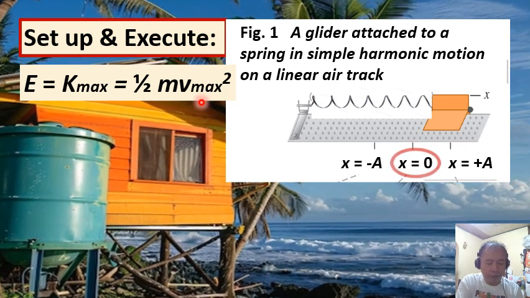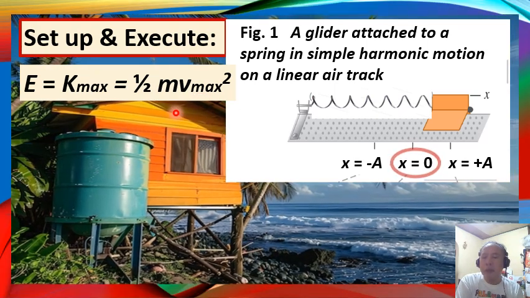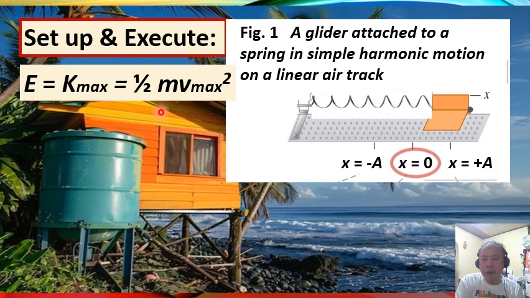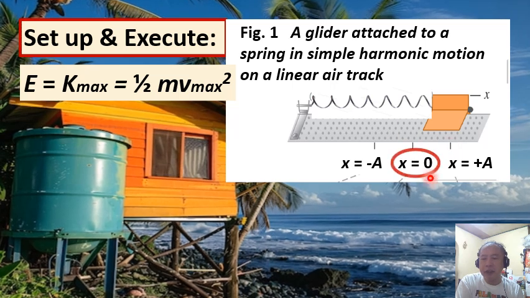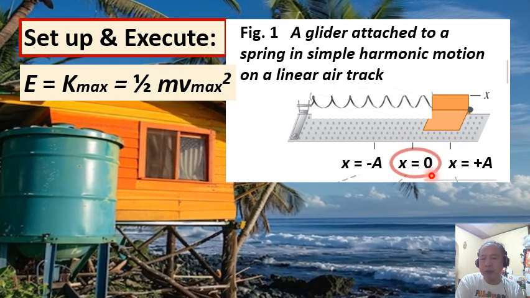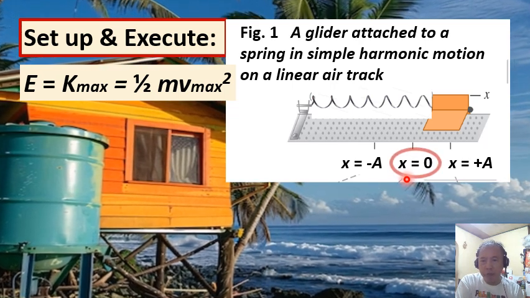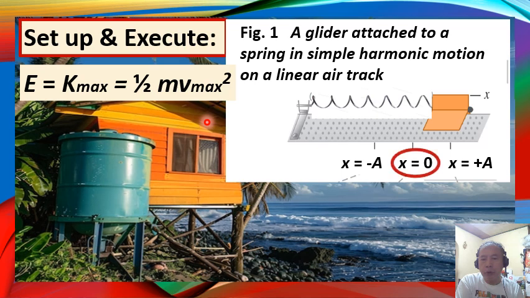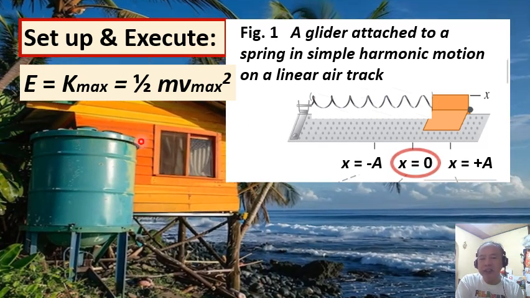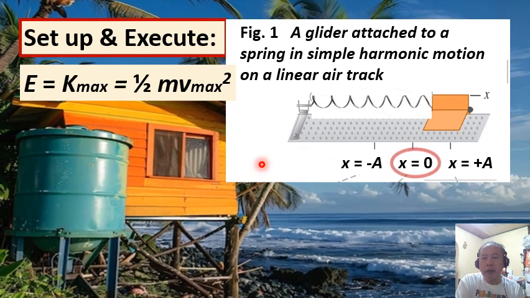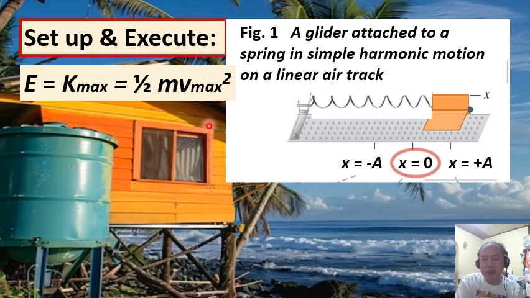And when we say maximum speed, that is when the oscillating body is exactly at x equals 0, the equilibrium position. So there is no mention whatsoever about the time or the instant when the glider acquires such maximum speed.